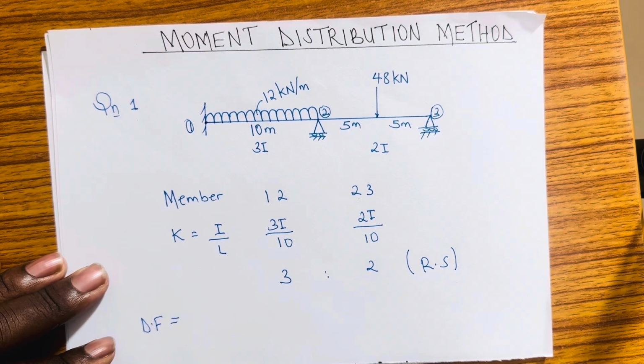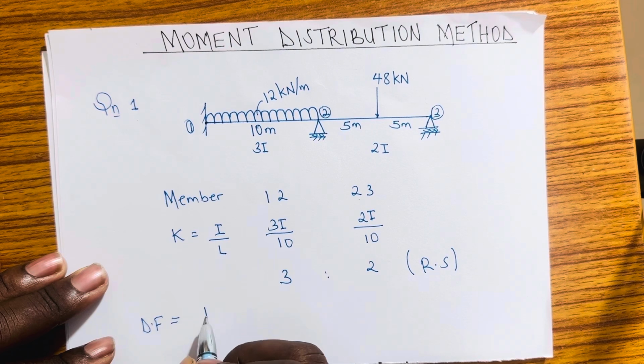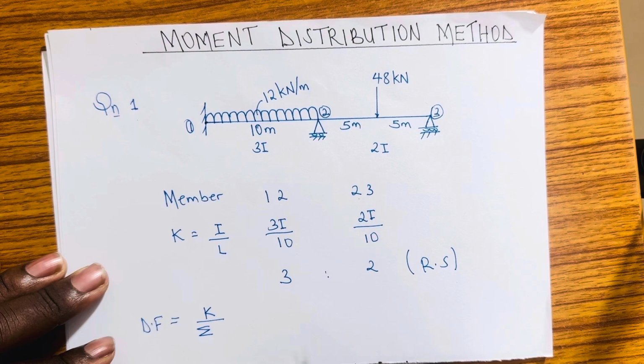It is given by the formula: the stiffness of a member K out of the total stiffness that we have, summation of K. So if you add up this relative stiffness, you will come to the total stiffness, that is summation of K, which in this case 3 plus 2 is 5.